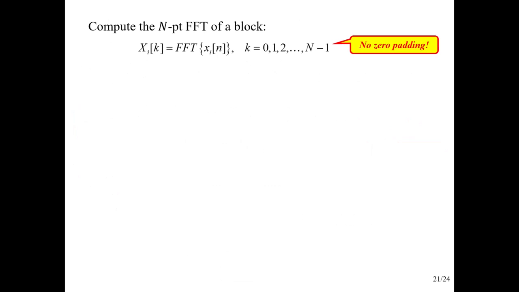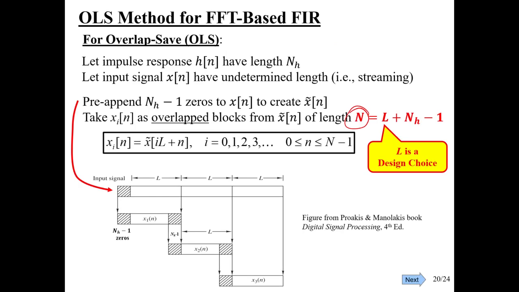Okay, so now we're going to compute the N-point FFT of this. Remember that N was L plus NH minus 1. So it makes sense to choose L, since that's a design choice. For a given NH, we're going to want to pick an L so that this is a power of 2.